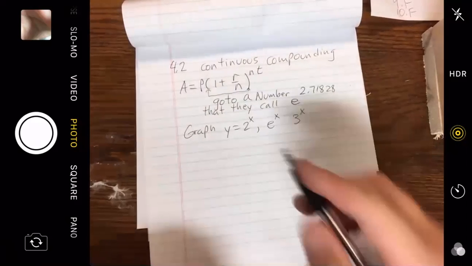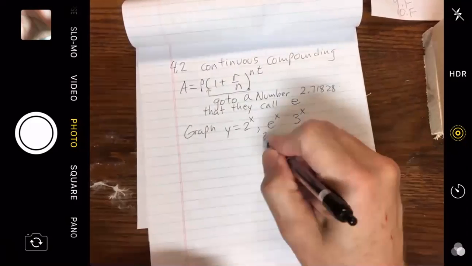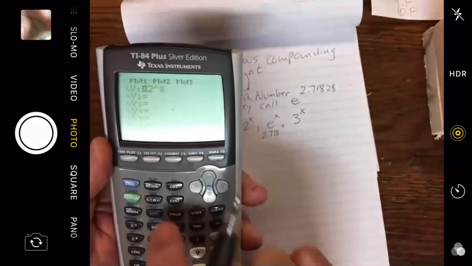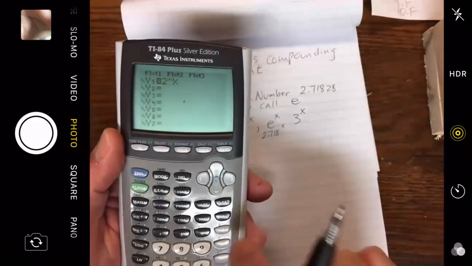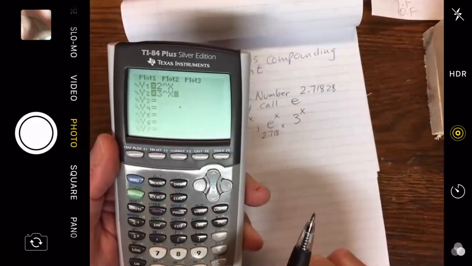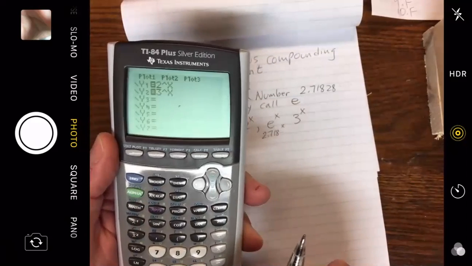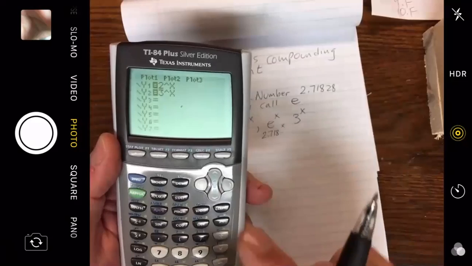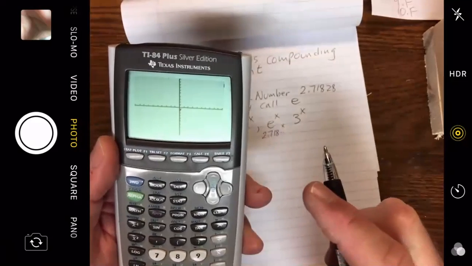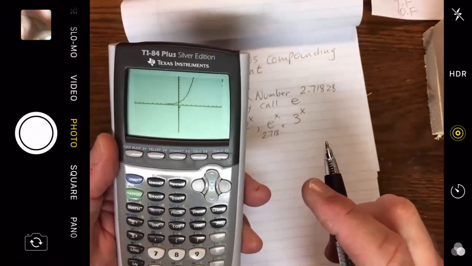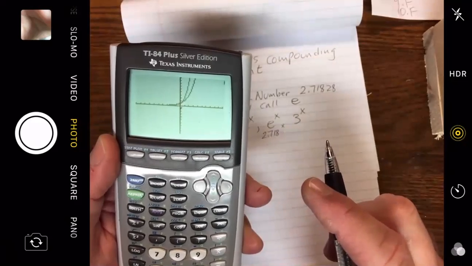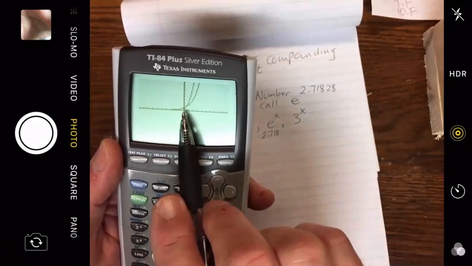Just to give you some confidence in this, 2 raised to the x, down with 3 raised to the x. I'll graph them both, and then I'll stick in E. You can see what I have graphed. All right. You see 2 go up. Show 3. Note they have a common x-intercept.